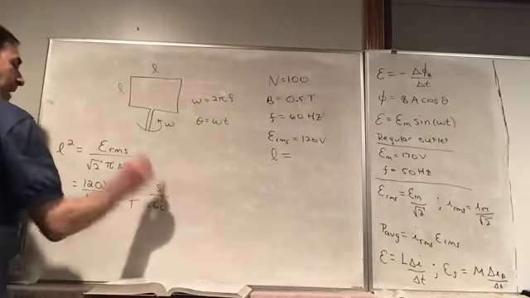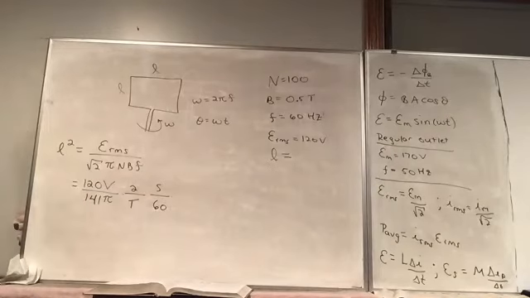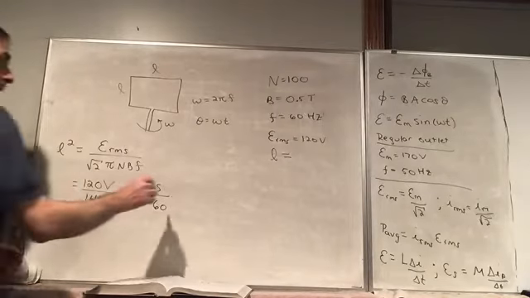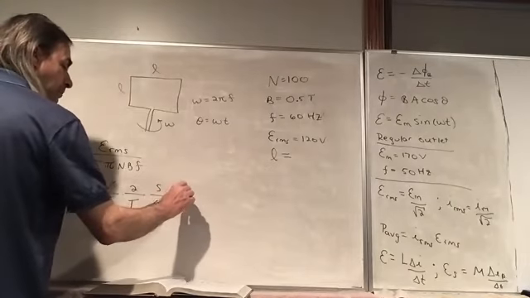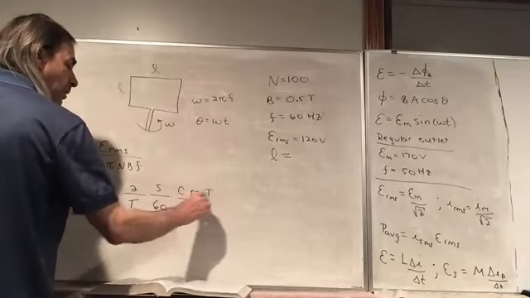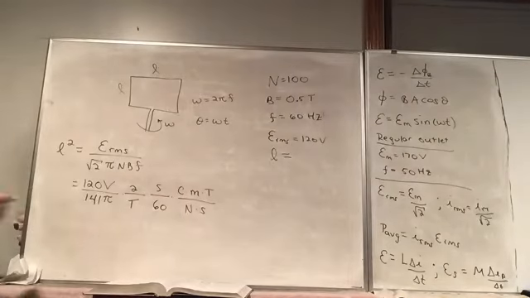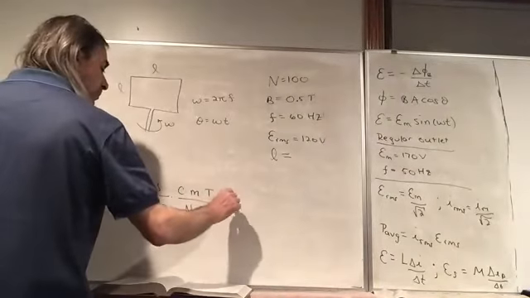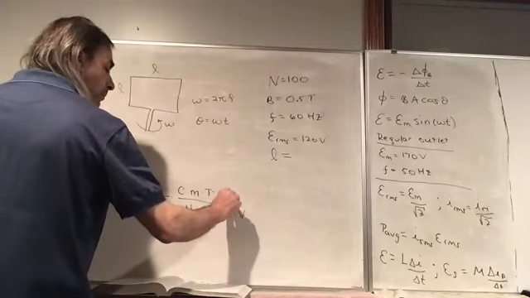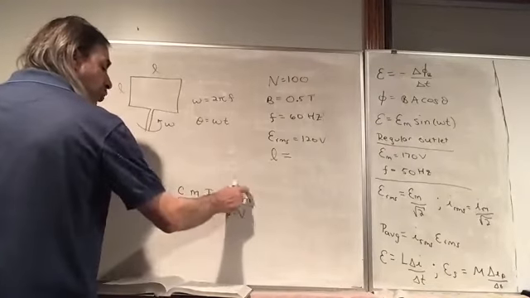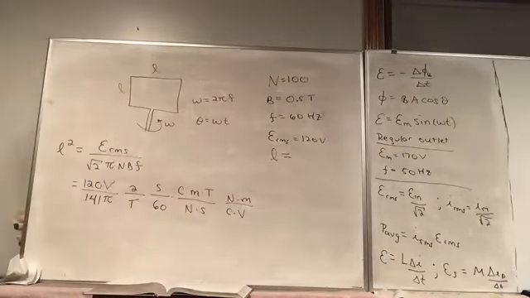So we're supposed to get meters squared out of this. Basically, what we have is volts times seconds over Tesla, and we want to convert these to more mechanical units. A Coulomb meter Tesla is a Newton times a second. And a joule is equal to a Coulomb volt.